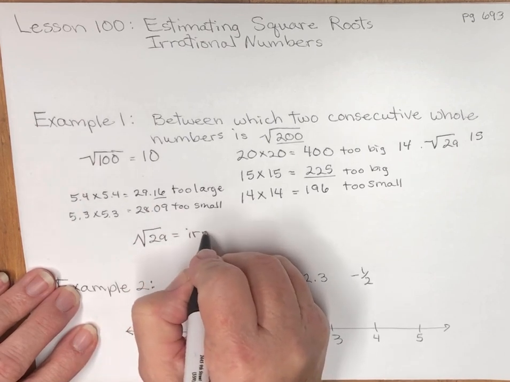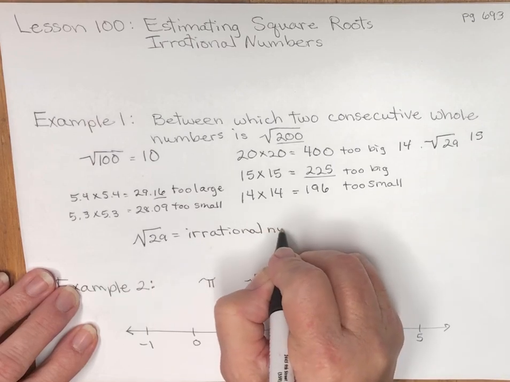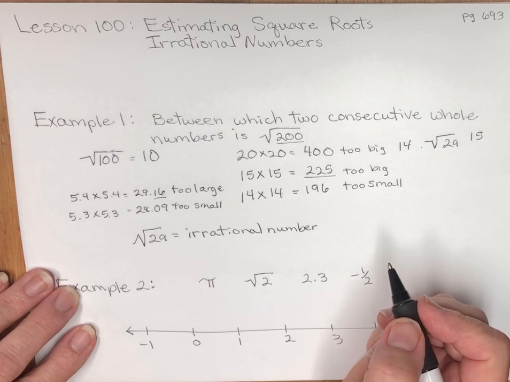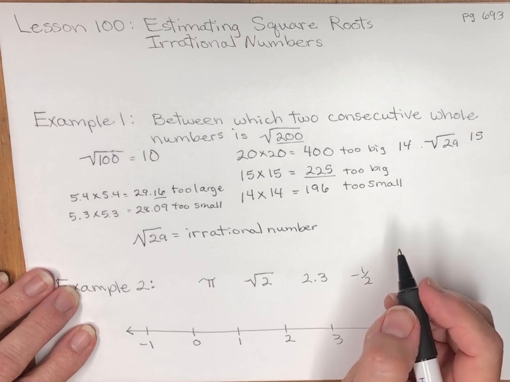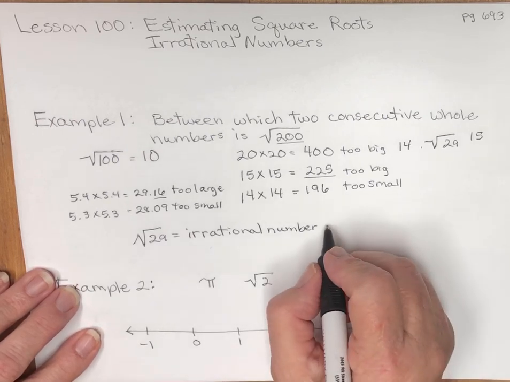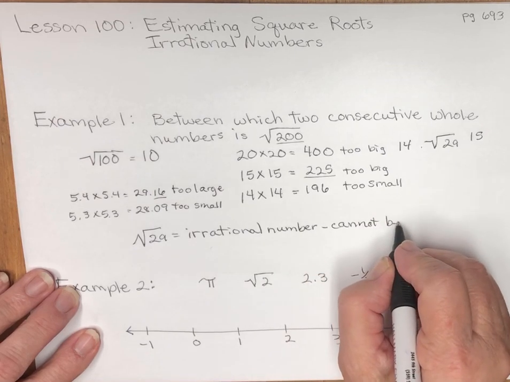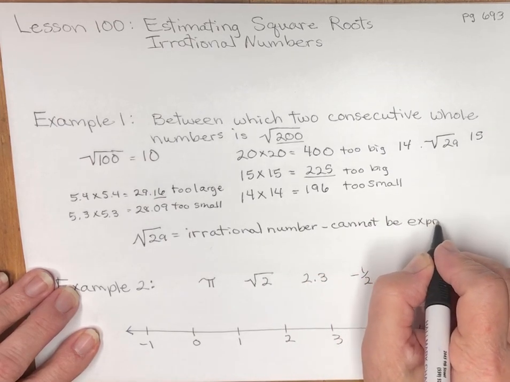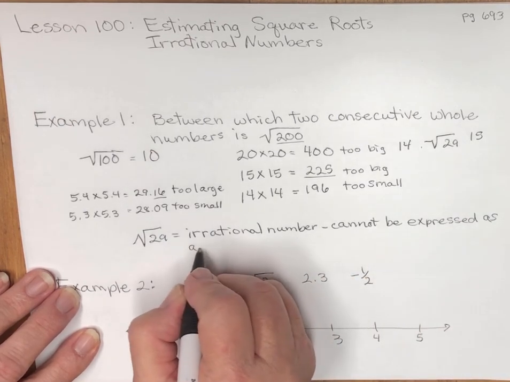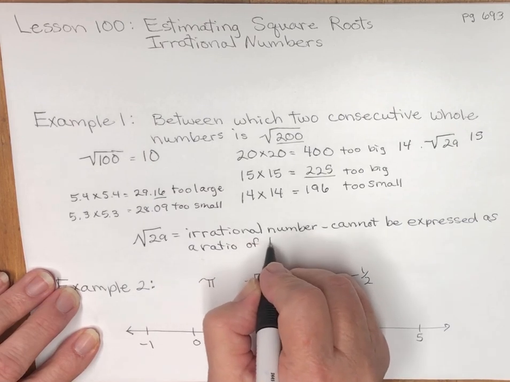An irrational number is a number that cannot be expressed as a ratio of two integers.